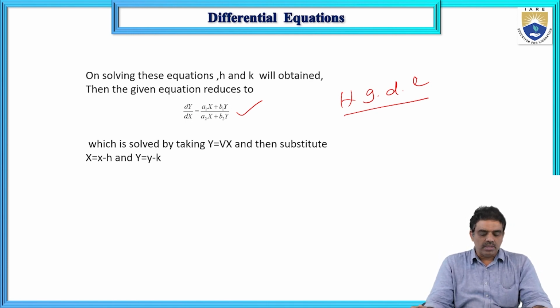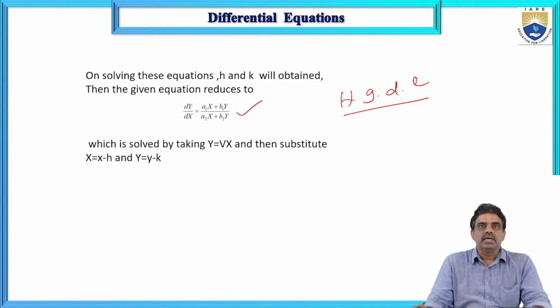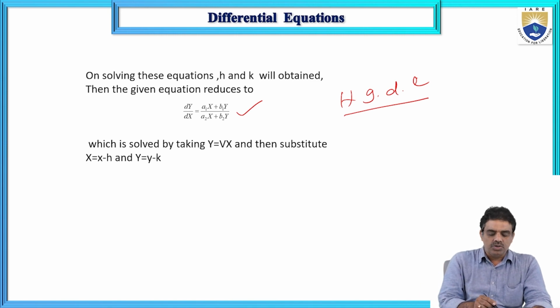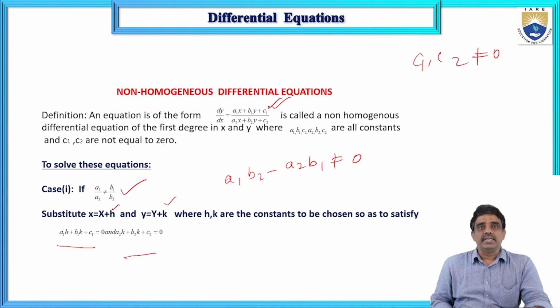We know how to solve the homogeneous differential equation. By taking Y is equal to vX, we can solve the equation for Y and X. After getting the solution, we finally replace capital X by small x minus h, because we initially took small x is equal to capital X plus h and small y is equal to capital Y plus k.